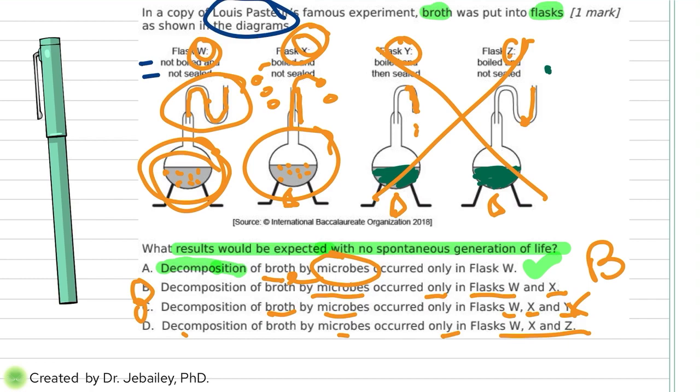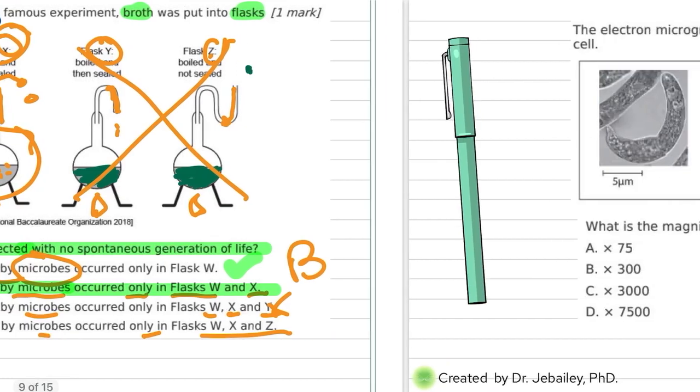They both have the broth being broken down by the microbes. So the answer is B, the result expected with no spontaneous generation of life. So that's for B. Let's go for the next one.